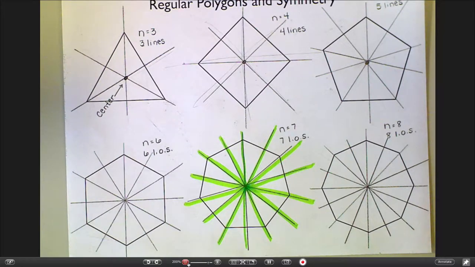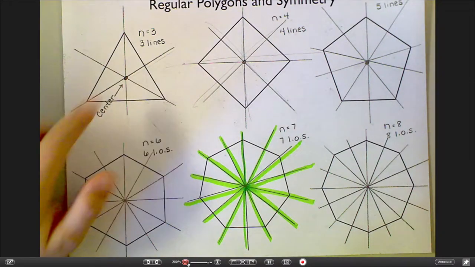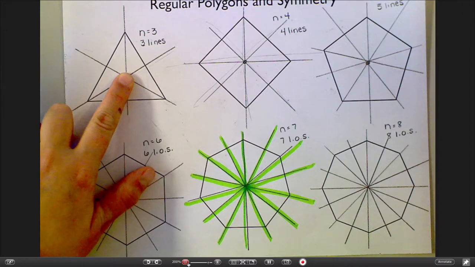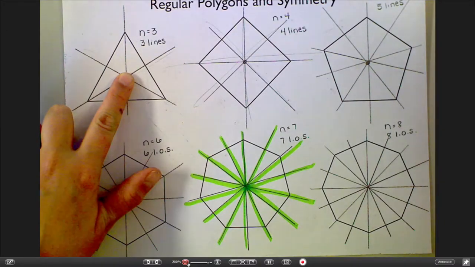And do you remember when we talked about parallelograms having 2-fold rotational symmetry, like that you could rotate it twice and have it land back on itself? Well, if you were to spin this triangle around this point, how many times could you line up the figure before it came back to the original? 3. Yep.